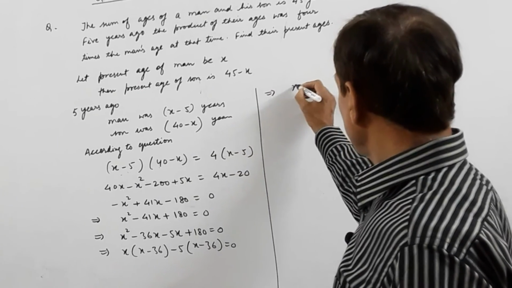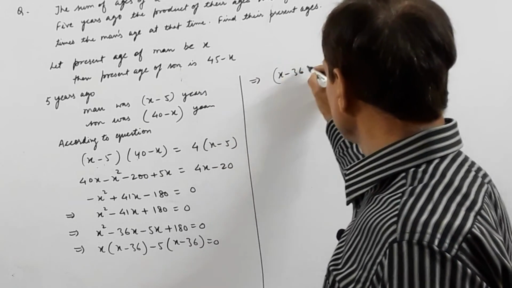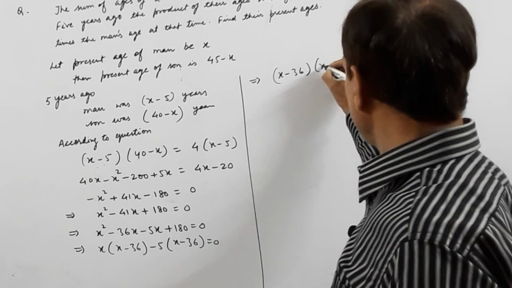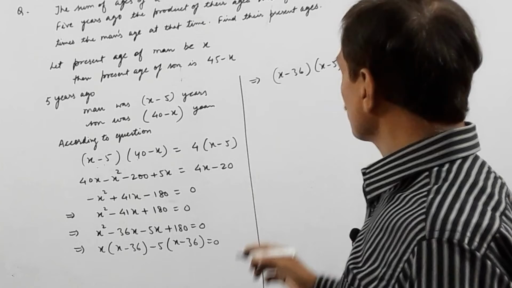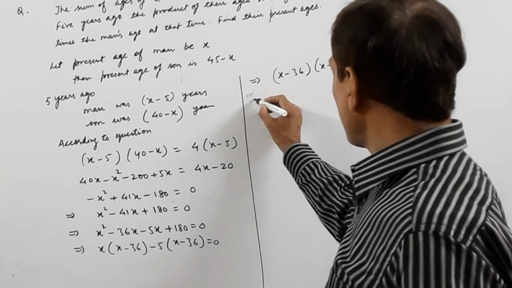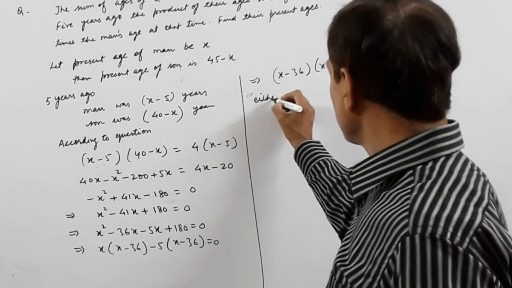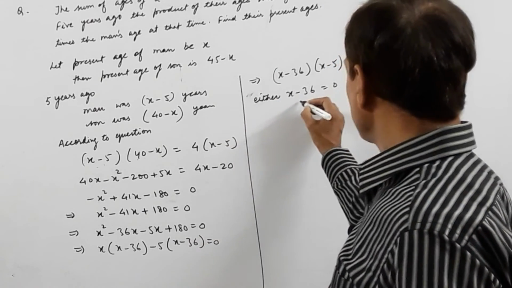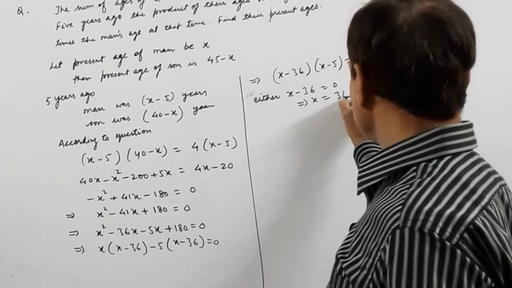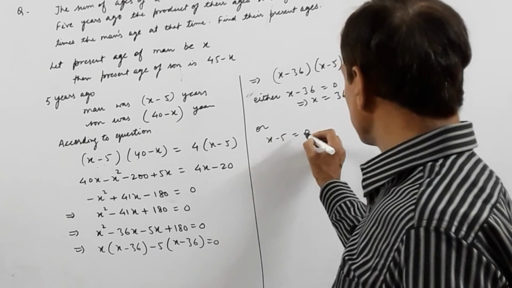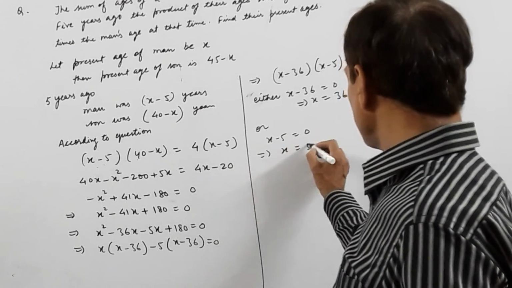This implies x minus 36 is the common factor, and x minus 5 is equal to 0. We can say either x minus 36 is equal to 0, which implies x is equal to 36, or x minus 5 is equal to 0, which implies x is equal to 5.